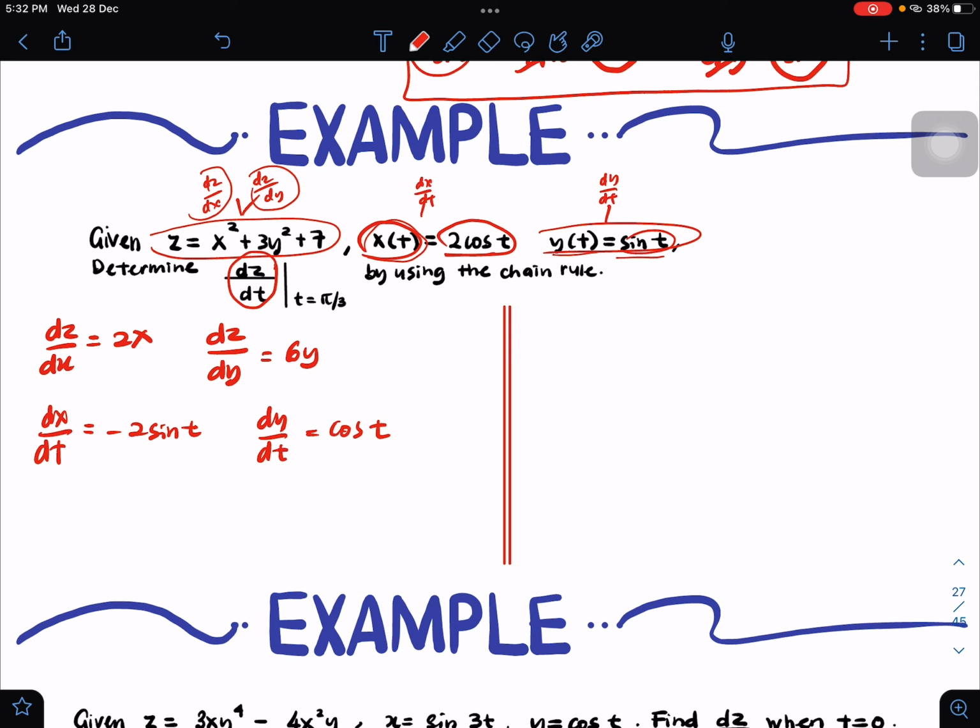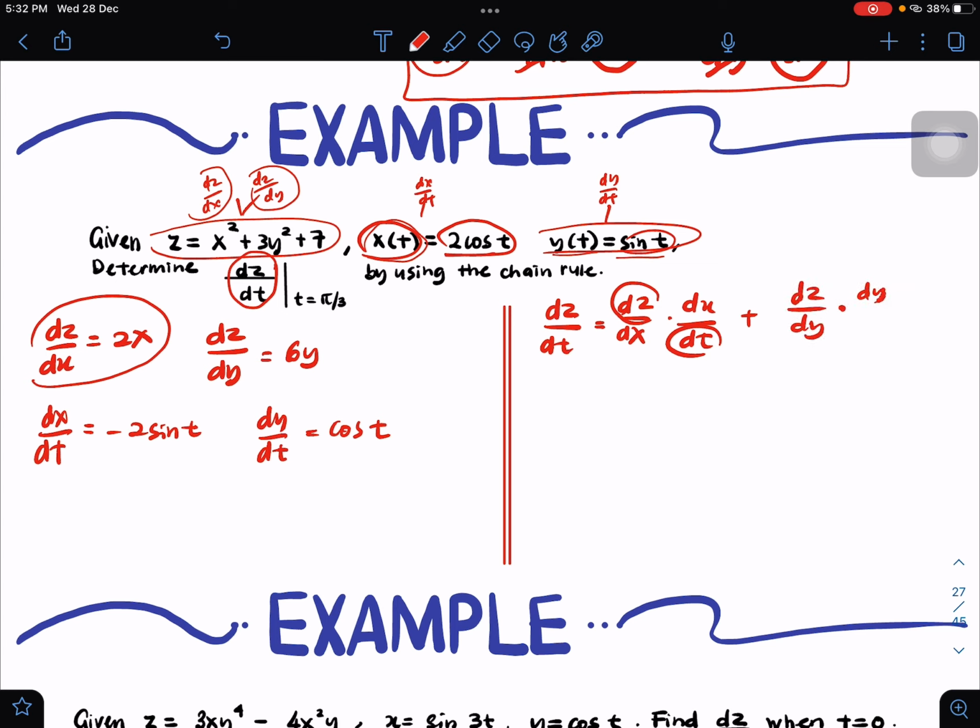So after that, what do you want to find? You want to find dz/dt. What you have here is dz/dx, you multiply it by dx/dt, and you add the other one, which is dz/dy multiplied by dy/dt. What is your dz/dx?